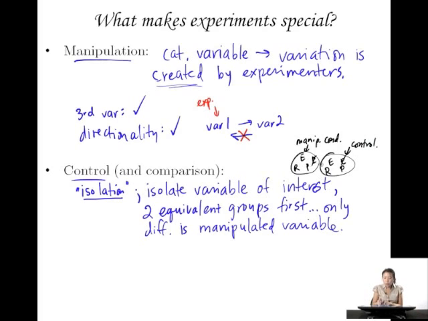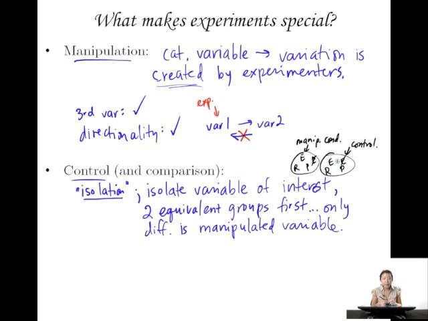And it's because we want to compare these two groups. Because they only have one thing that's different, right? There's only one variable that's different. Then we know that any other changes that come from that point on is caused by that one difference. Because for everything else, they're the same, right? And that's what we call control.